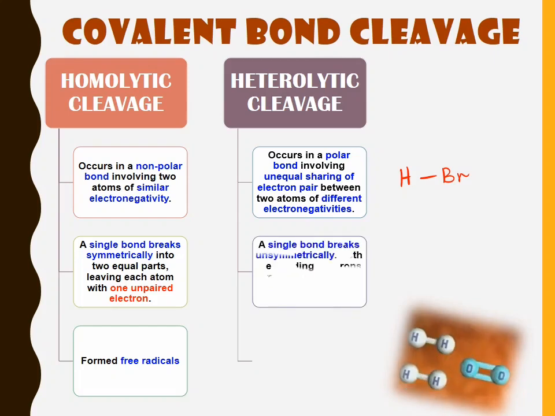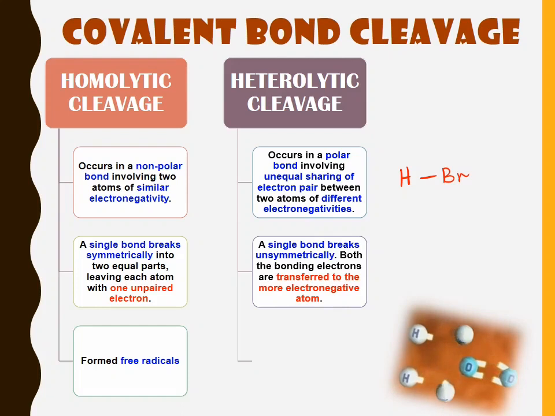In heterolytic cleavage, a single bond breaks unsymmetrically. Both the bonding electrons are transferred to the more electronegative atom. So the two electrons in the single bond will transfer to bromine.